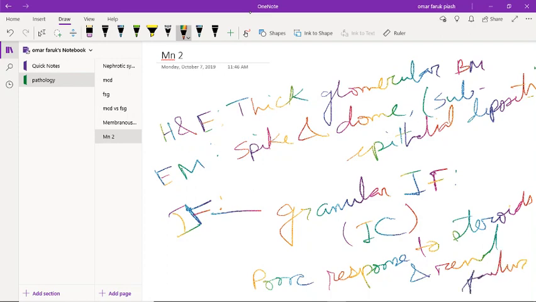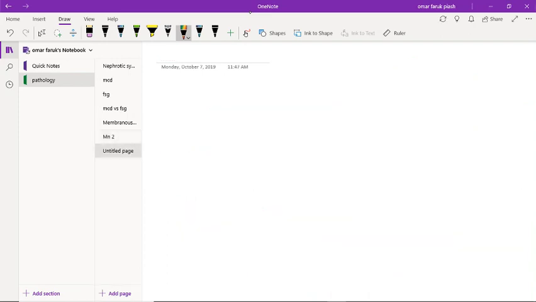Okay, next. Now, membranoproliferative glomerulonephritis.